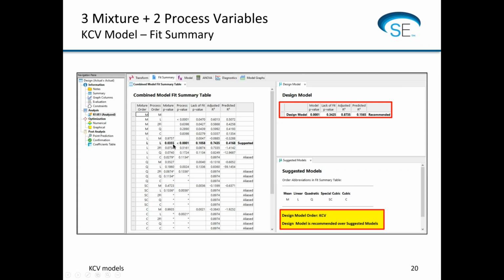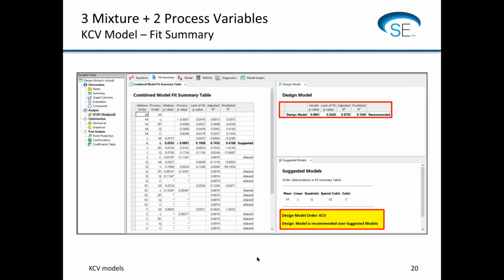We're looking for models where the model is significant for the mixture and for the process, and the lack of fit is insignificant. We'd have a high adjusted R squared and a high predicted R squared. Now the KCV models don't fall into that crossing pattern we're testing.